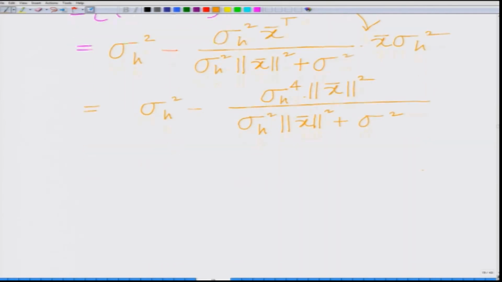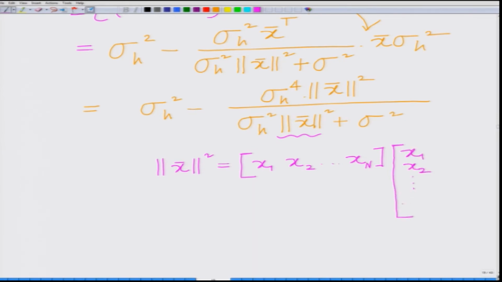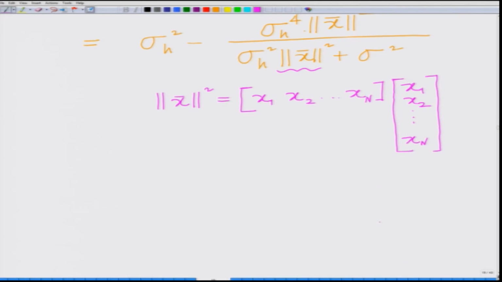And in case you are wondering, norm x bar square is nothing but, just to remind you, the row vector x1 x2 ... xn times the column vector x1 x2 ... xn, and this will be equal to x1 square plus x2 square plus so on plus xn square.